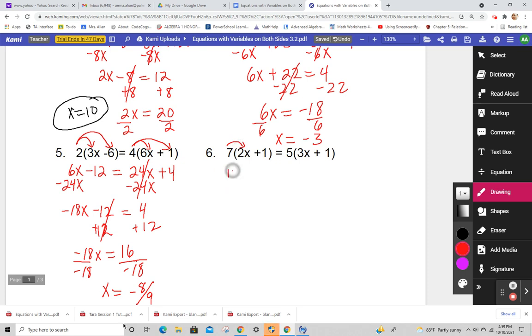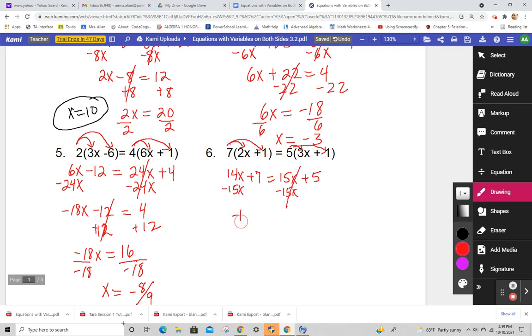7 times 2 is 14x. 7 times 1 is 7. 5 times 3x is 15x. And 5 times 1 is 5. We're going to get all of the x's on the same side, so we're going to subtract 15x from both sides.